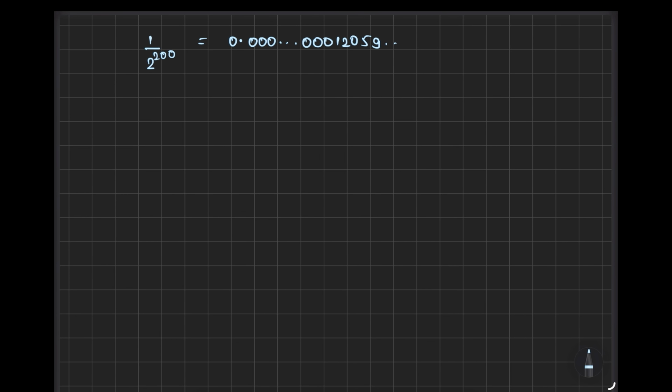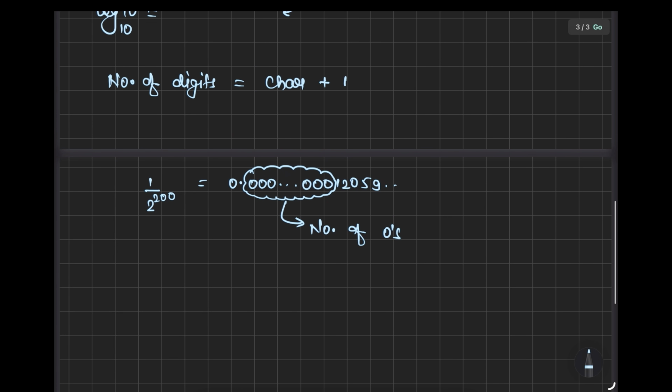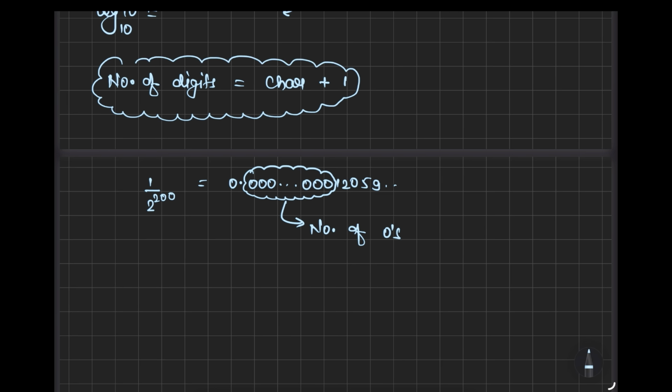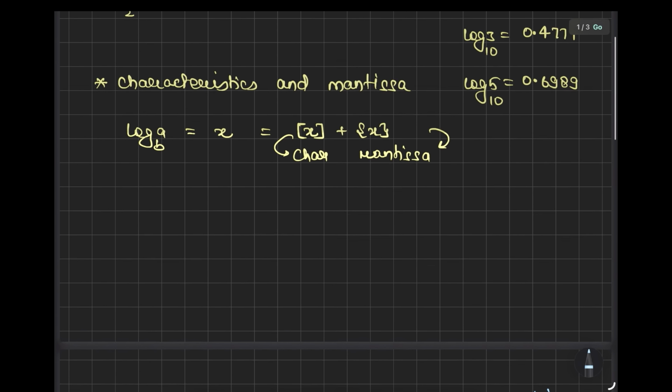I'll ask you to find the number of zeros just after the decimal and before the first non-zero digit. This answer will also be characteristic plus 1. I hope you can memorize this result. When we solve some examples you will get a clear picture.